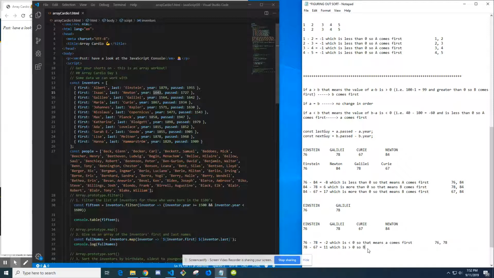So B comes first. So that means B was 67, so that was Curie. 67, 78. So Galilei gets bumped over a bit, and Curie is there.